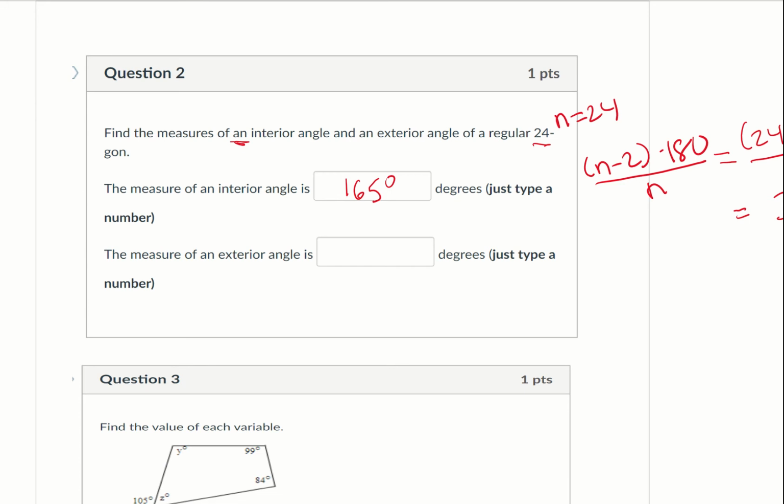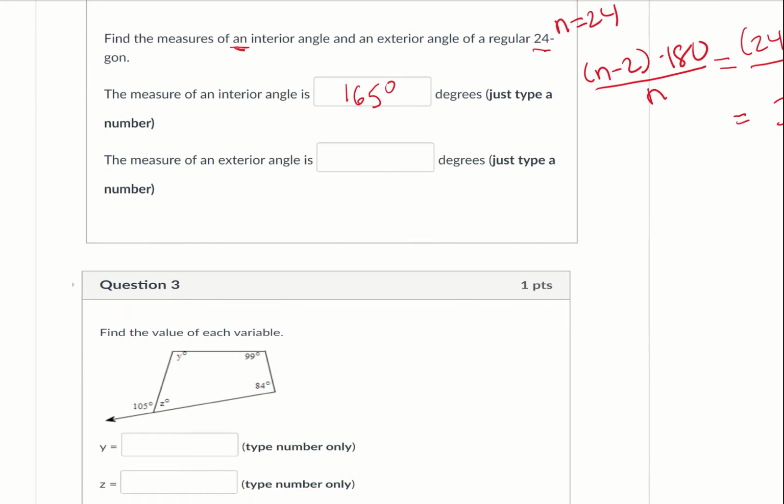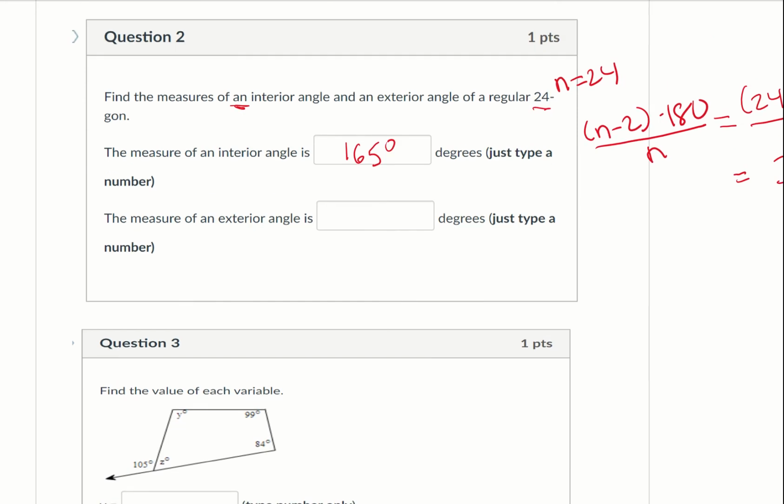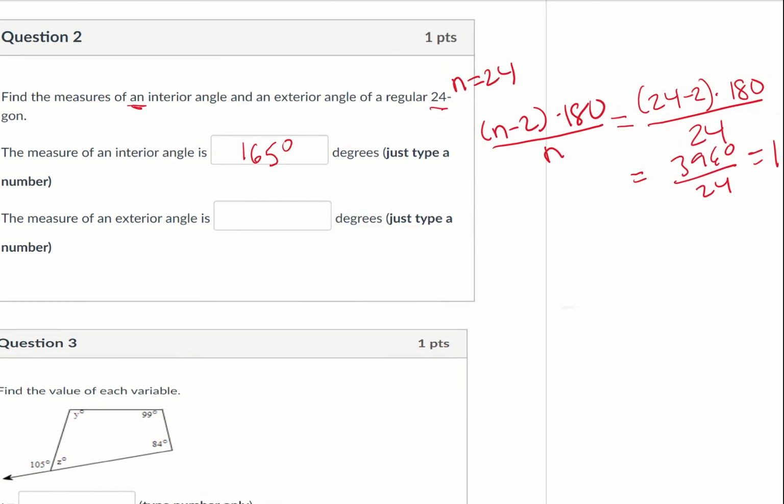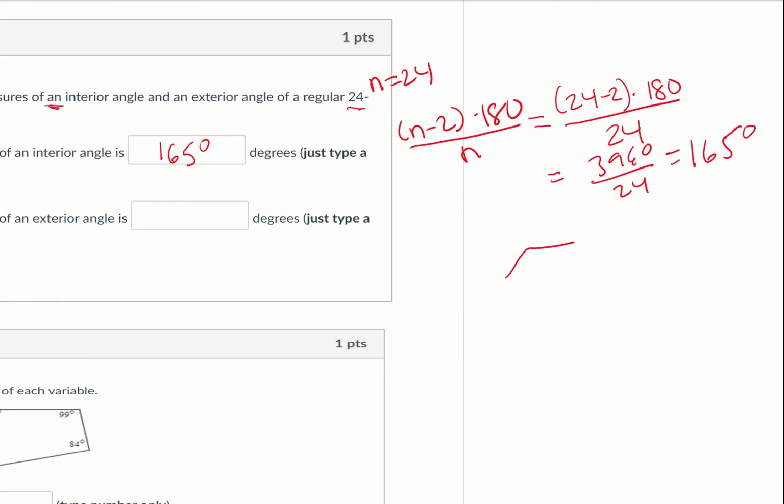All right, so let's see here. The measure of an exterior angle is how many degrees? In any polygon, say in this case a hexagon, if you were to take all the exterior angles, here, here, here, and so on, and add them, you're going to get 360.